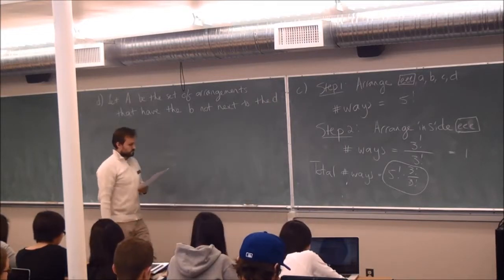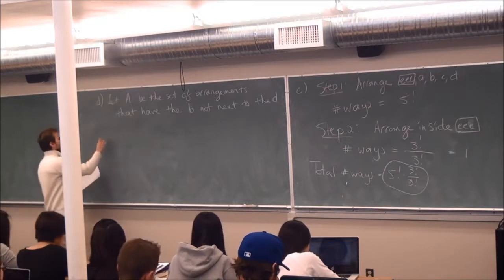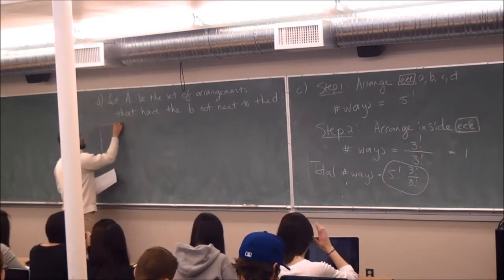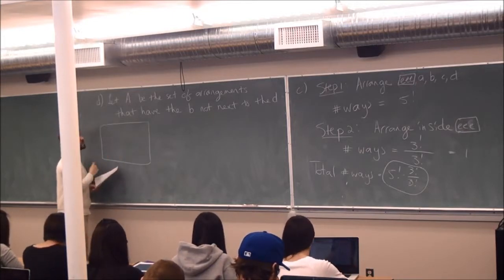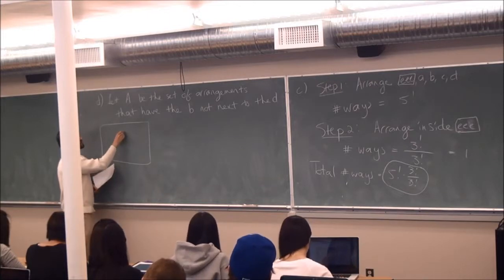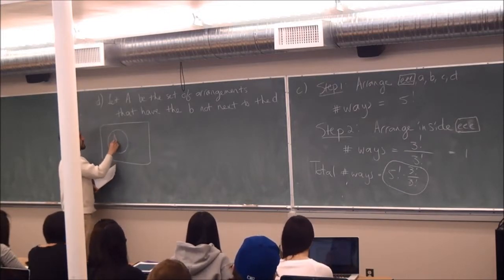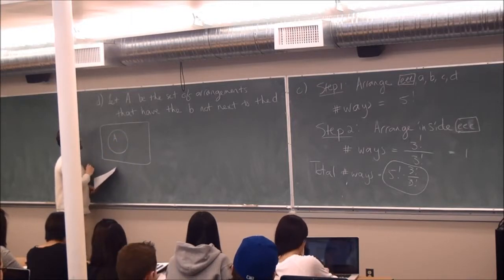There's only one of each. So the B has to not be next to the D. If I visualize it with a Venn diagram, just for my own sake, to be as clear as possible on what strategy I'm going to use here. Let's say the circle represents the set A, all the arrangements that I'm looking for.